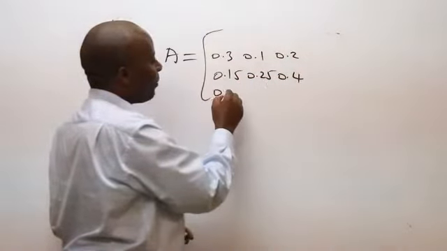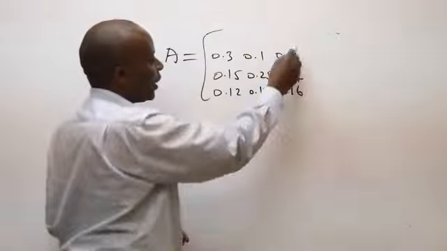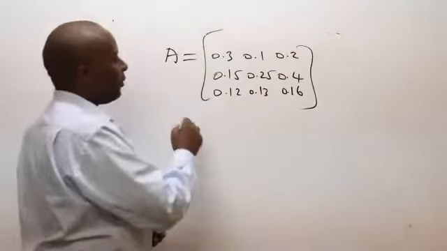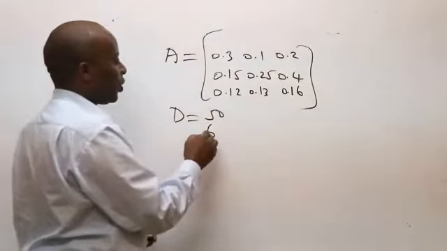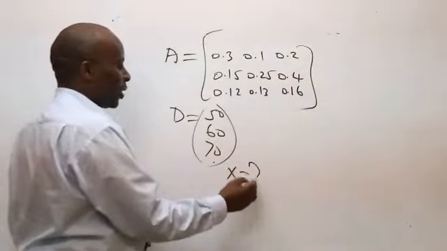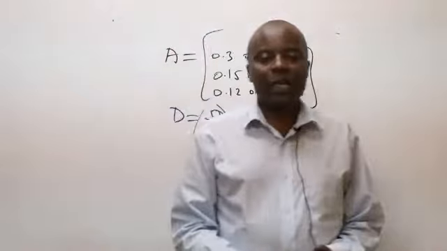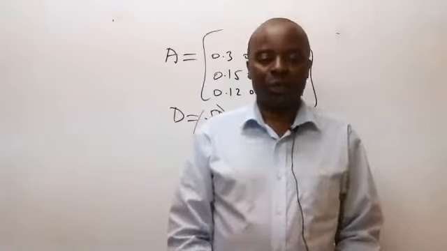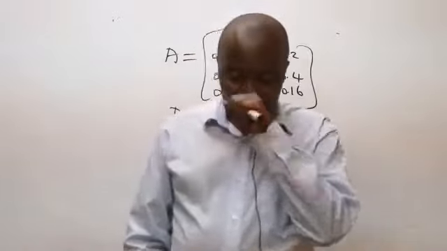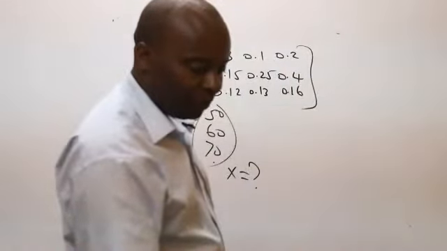We have maybe 1, 2, 0.13, 0.1, maybe 6, like that. And then I'll give you D of say 50, 60, 70. And then I'll ask you to get us the total output.